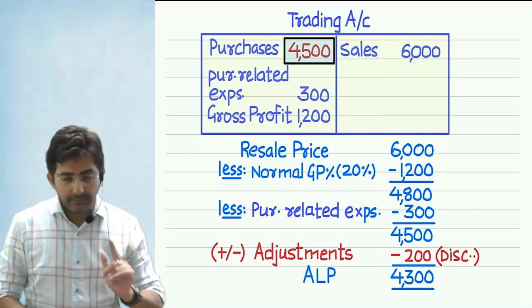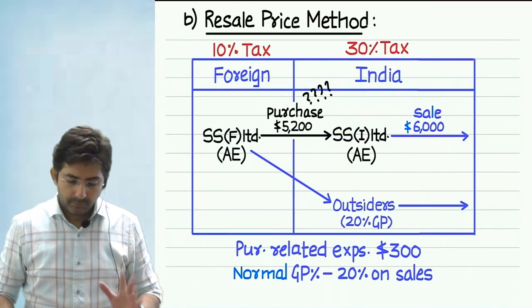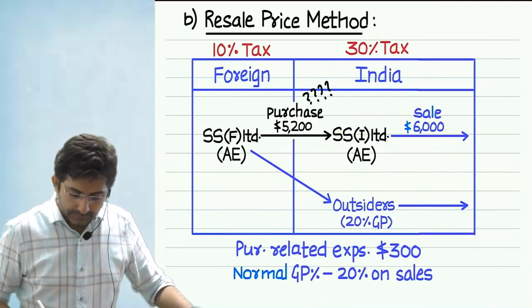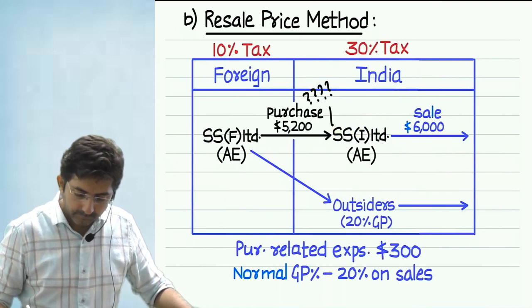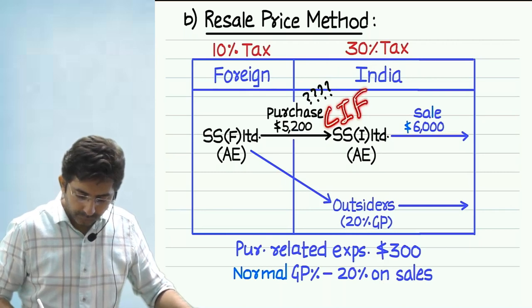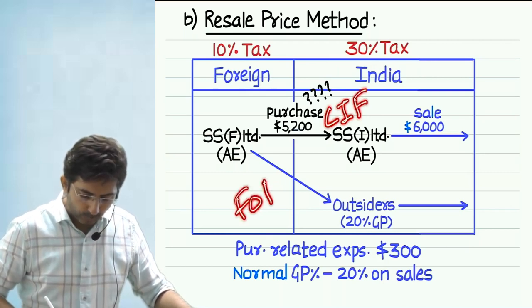Okay, tell me, in this same example, if I give you like this, wait, say for example, this was at CIF and this was FOB.